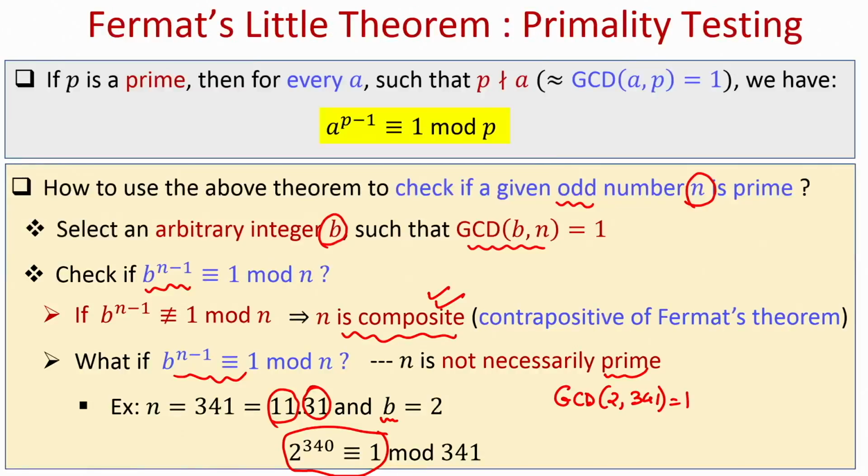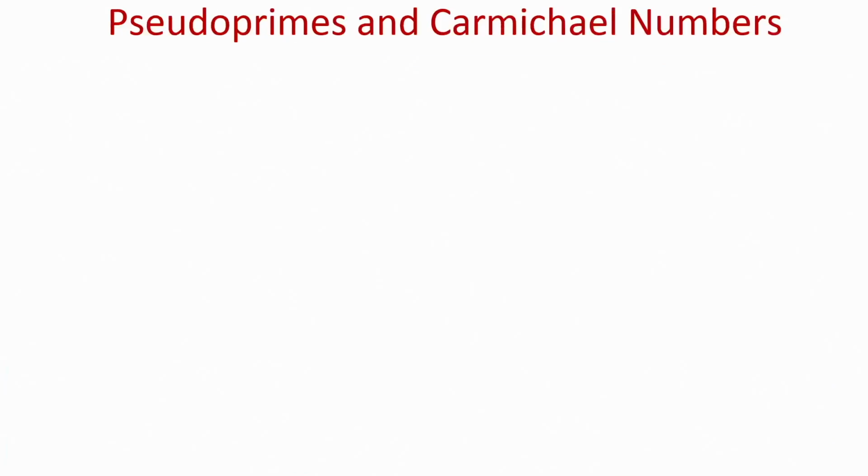Now, you might be wondering why can't I do the following? It might be possible that I have chosen a bad b with respect to my given composite number n. What if I choose a good b which is co-prime to n and for which the Fermat's little theorem condition fails? In that case, I can declare that my n is not a prime number. Why can't I do that?